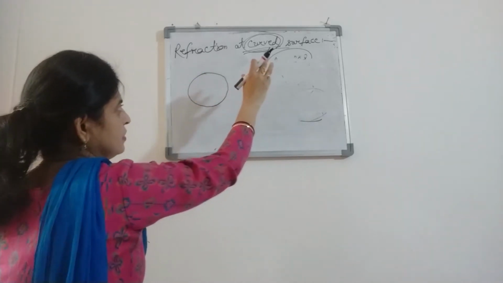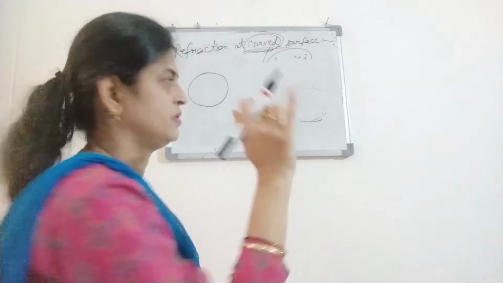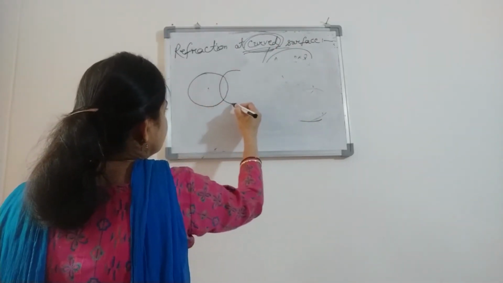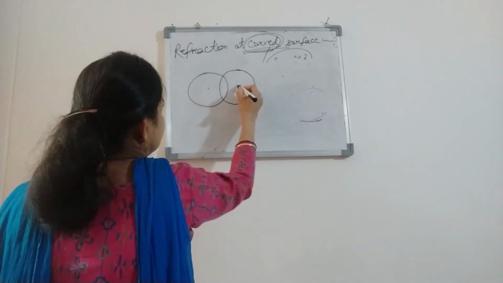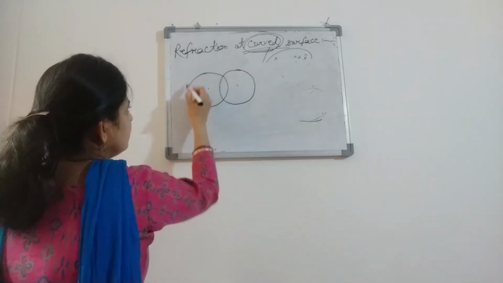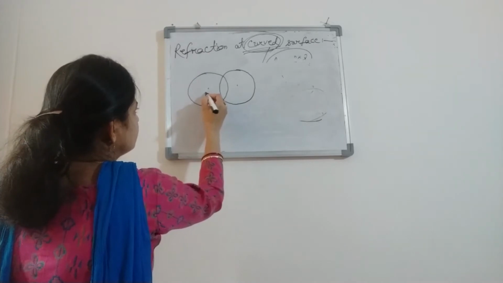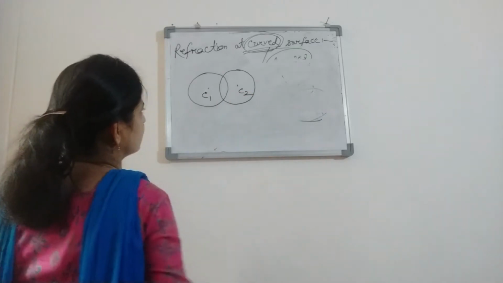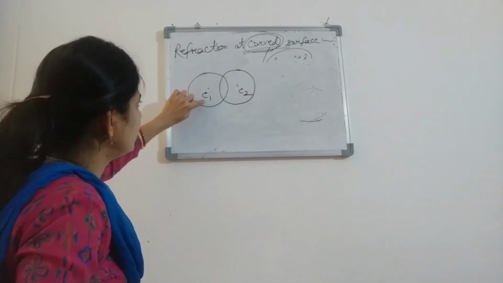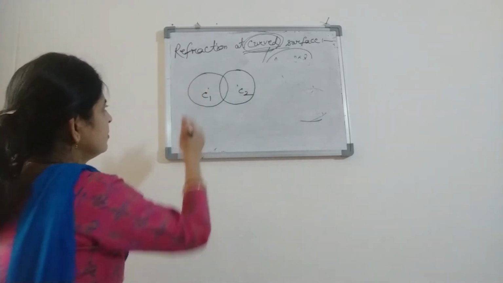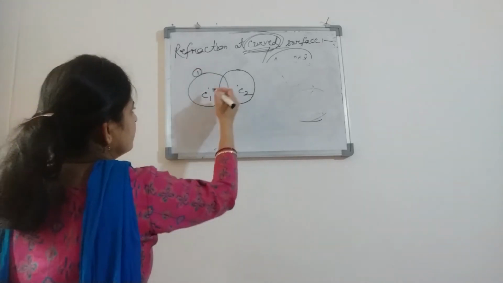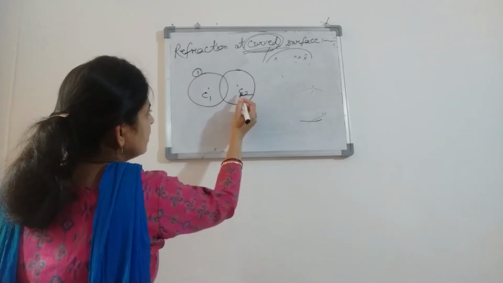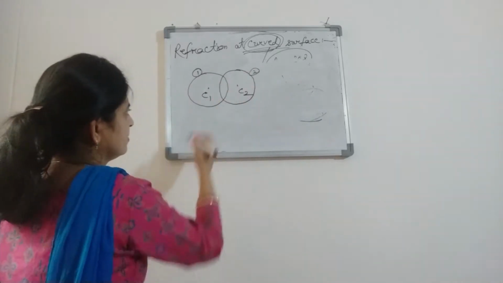Already we said a lens has two refracting surfaces. Two refracting surfaces means this is one spherical surface and this is another spherical surface. Suppose C1 is the center of curvature of the first spherical surface, and C2 is the center of curvature of the second spherical surface.